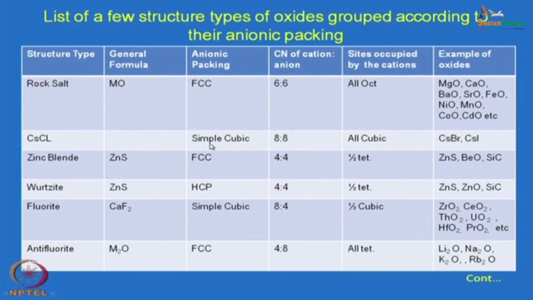Next, we also discussed the cesium chloride structure. Of course, there are hardly any oxides which have this cesium chloride structure, but for the sake of completion, this is a simple cubic structure. This is one of the rare compounds having a simple cubic structure, and the formula of course is CsCl. In this case the cation has 8-fold coordination and so does the anion.